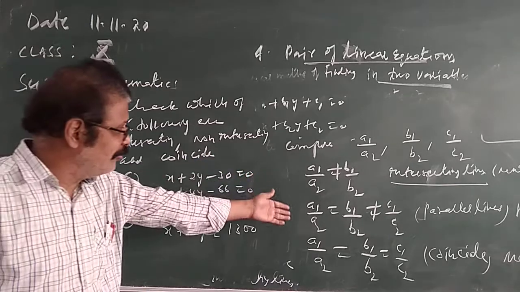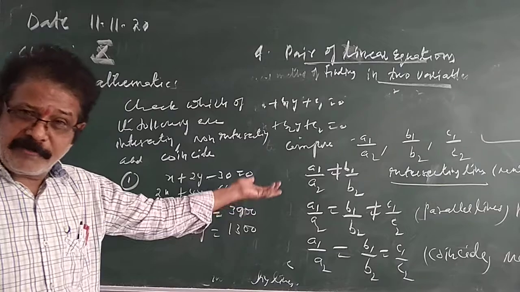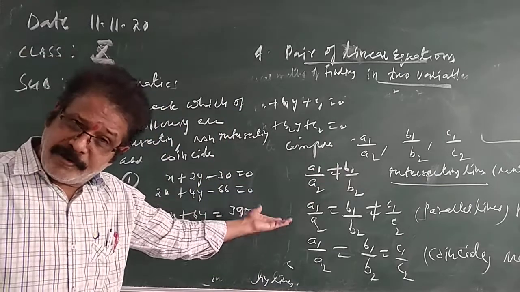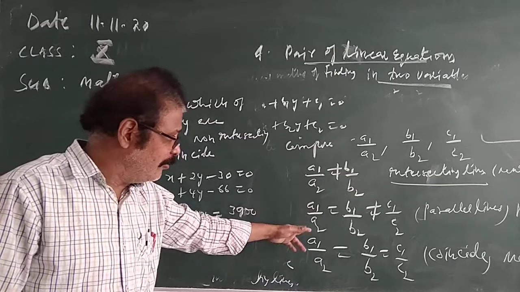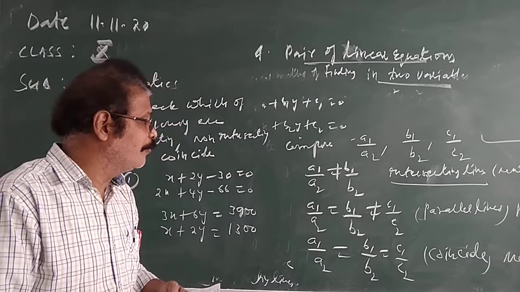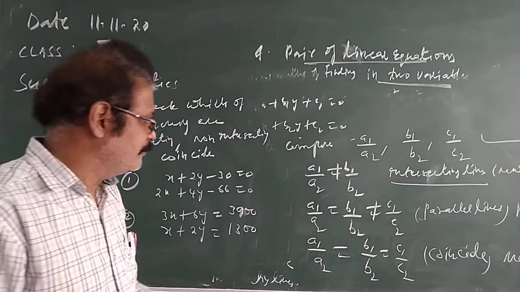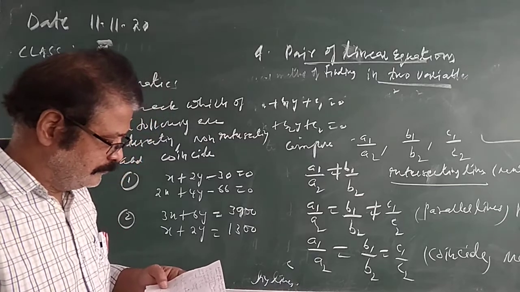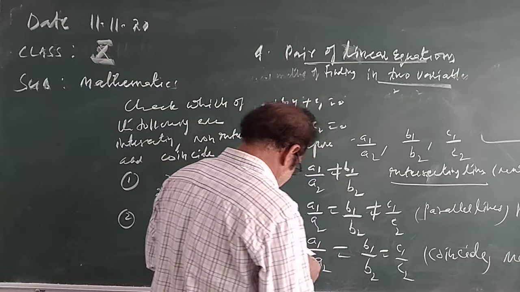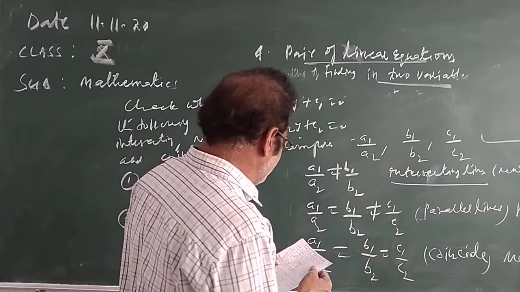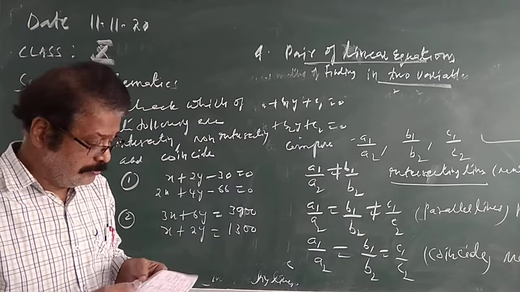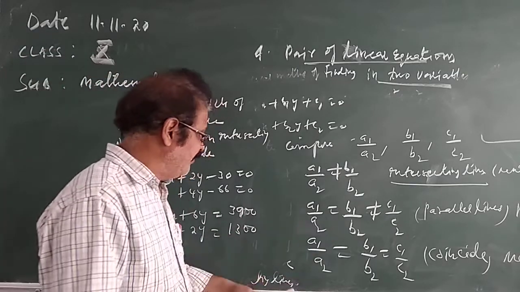You know the rules. I give rules here. If A1 by A2 is not equal to B1 by B2, they are intersecting lines. They have a unique solution. If A1 by A2 is equal to B1 by B2 is not equal to C1 by C2, parallel lines.